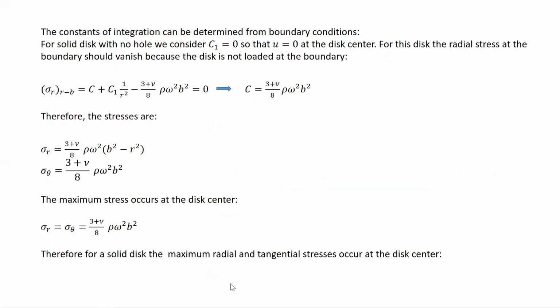Considering the boundary condition at r equal to b, sigma r is equal to 0. Let me draw the picture.